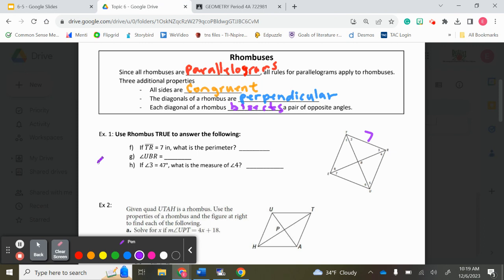Add all sides. So perimeter, remember, is adding all the sides.